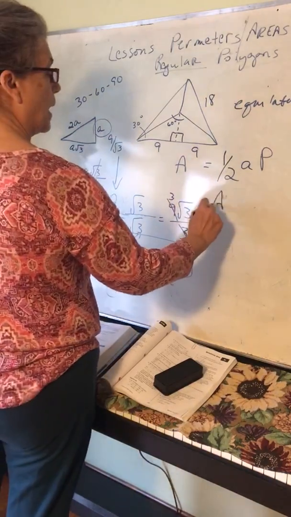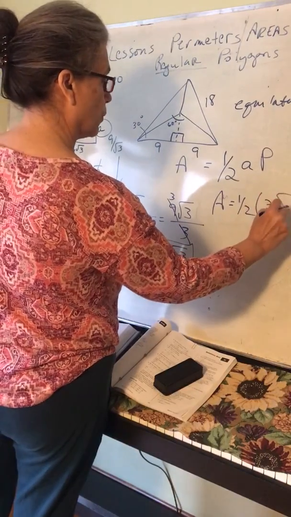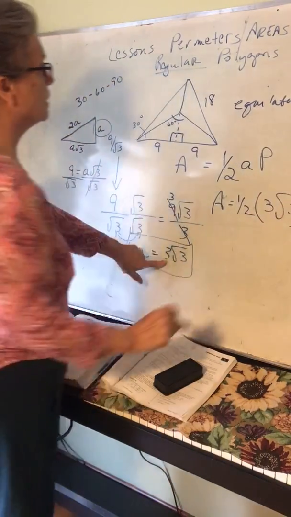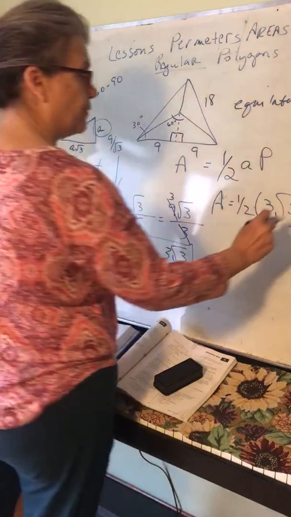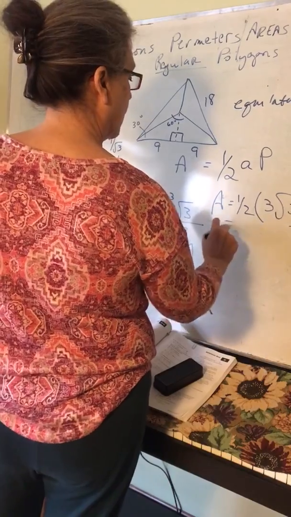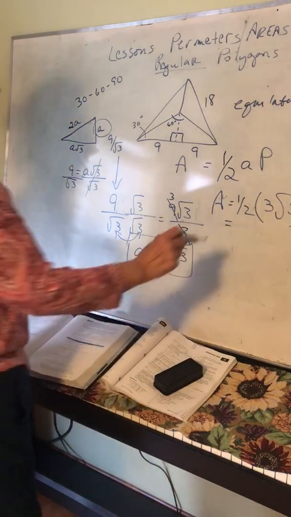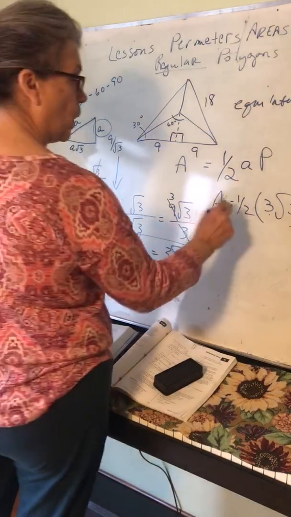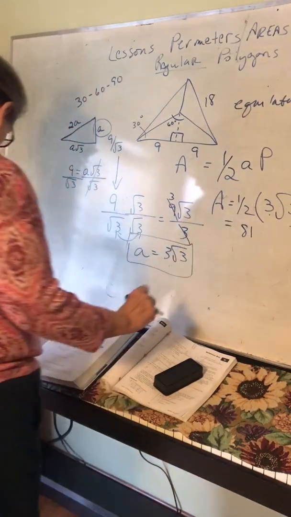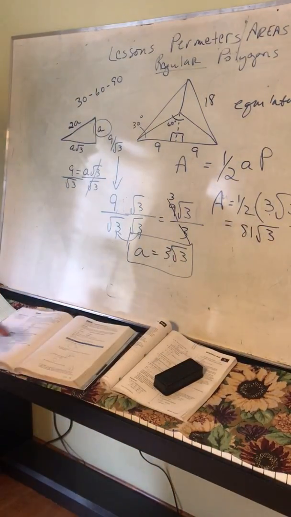That is A equals 1/2 times 3 square root of 3 times 18. This is 18, that's 54. And then when we multiply that all out, we get 3 times 54, divided by 2, is 81 square root of 3. 81 square root of 3.